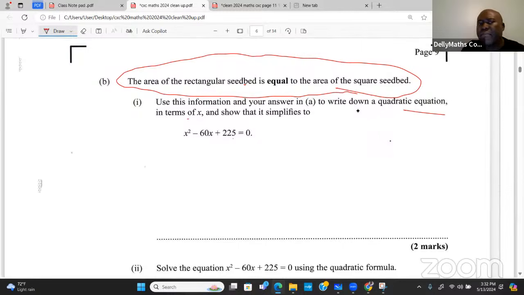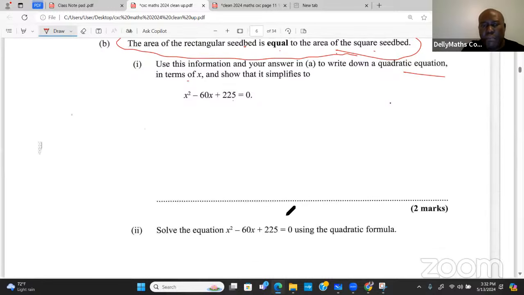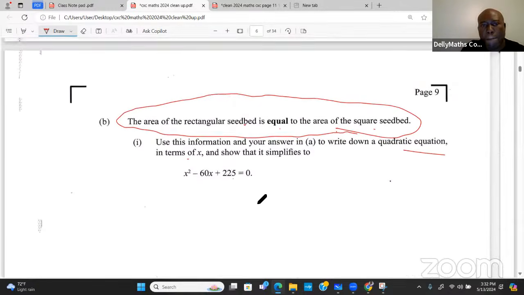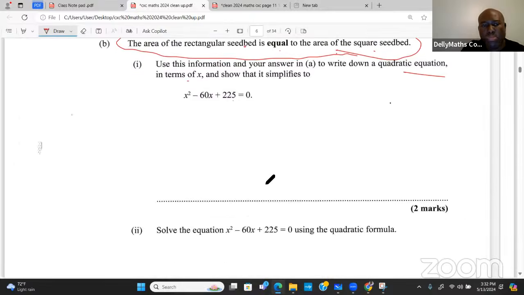All right. So we're looking at the fact that the area of the rectangle seabed is equal to the area of the square. So both of them are equal. So what we can do then is put all this together. So what we have here is 3x times x.